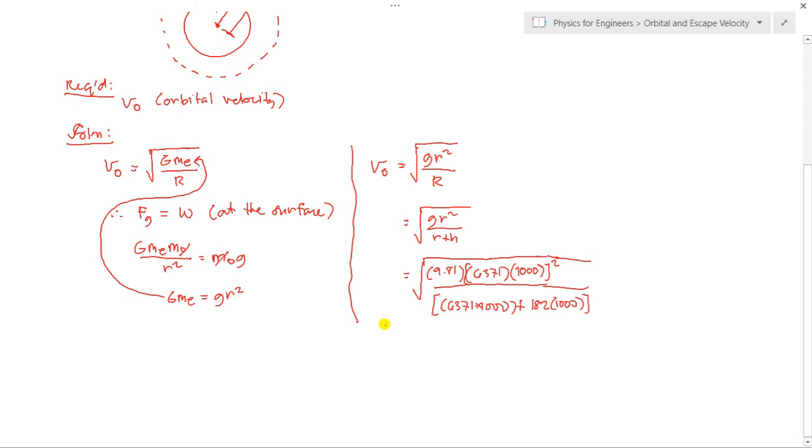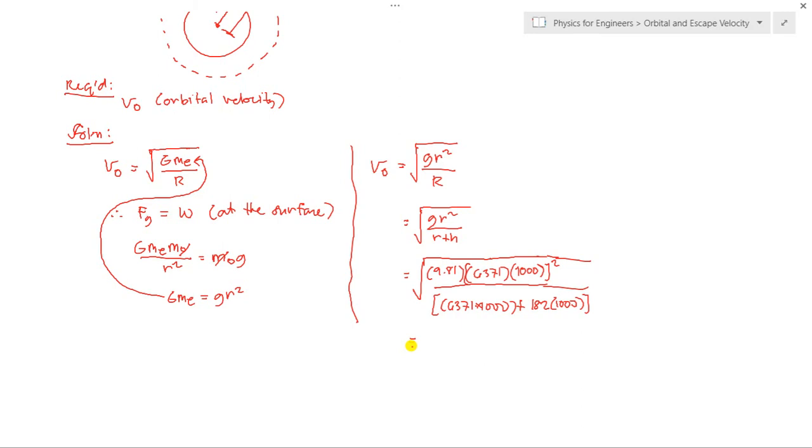So take note of the conversions, because this is where you might make a mistake. We now have 9.81 times 6371 times 1000, squared, all over R here, that is 6371 multiplied by 1000 plus 182 multiplied by 1000.